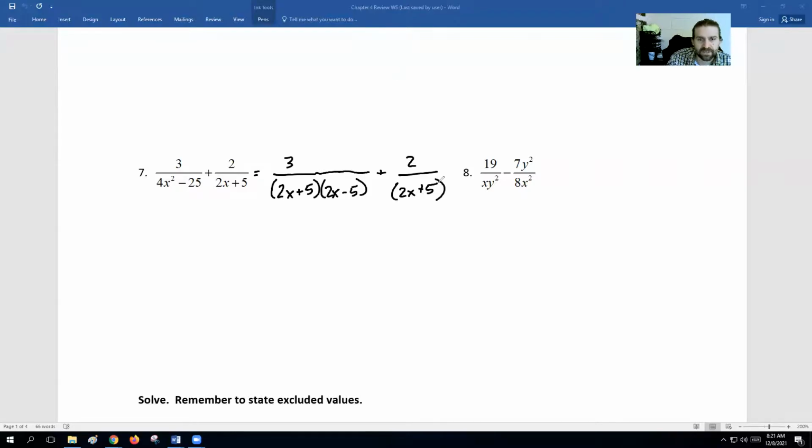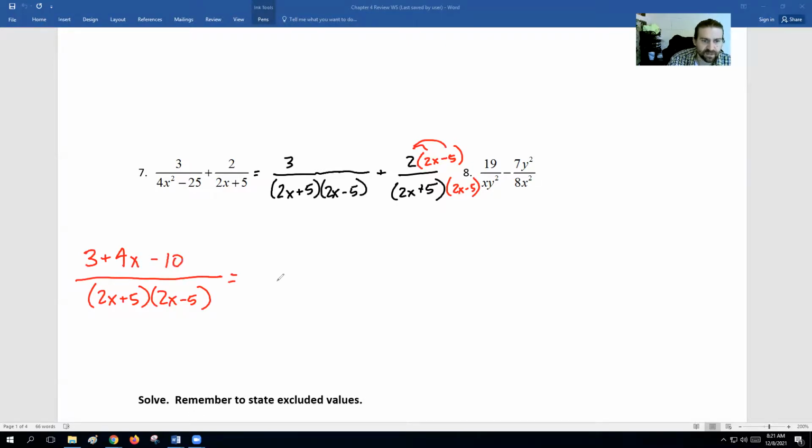All right, so what is this term missing here? This one is missing the 2x minus 5. Okay, so our common denominator is going to be our 2x plus 5 and our 2x minus 5. And we would have our 3 plus, we can distribute this part here. 2 times 2x is 4x, 2 times minus 5 is minus 10.